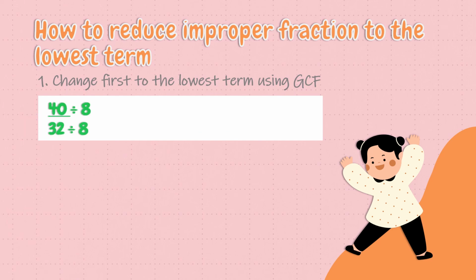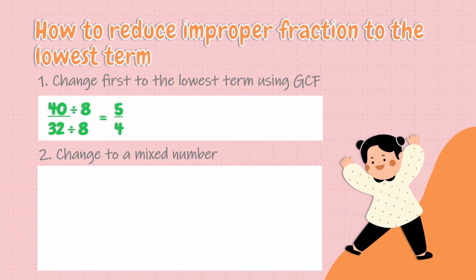Now, let us divide the numerator and the denominator by 8. The answer is 5/4. So what's next? Change to a mixed number. Again, you can answer by using an improper fraction, but you need to change that to a mixed number. So how are we going to do that?